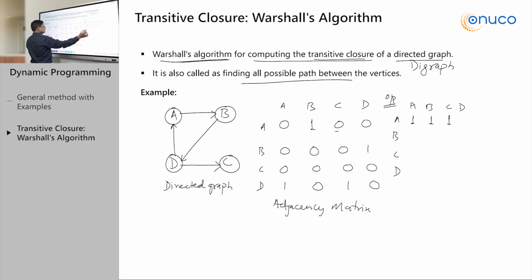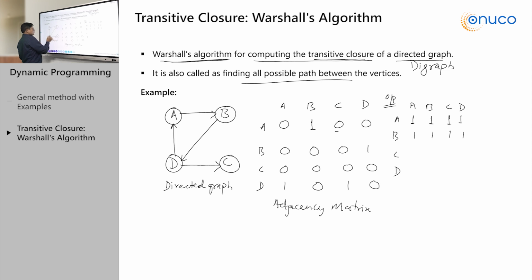A to B, B to D, there is a path, hence it is 1. Similarly, B to A, we don't have a direct path, but B to D, D to A, there is a path, 1. B to B, again it forms a cycle, so 1. B to C, there is a path B to D and D to C, right? B to D, there is a path.